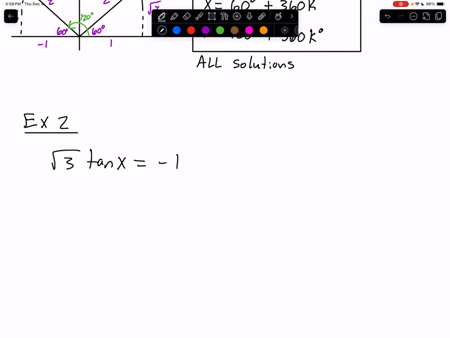So the very first thing you want to do when solving trig equations is try to get the trig function completely by itself. So I'm going to try to get rid of the square root of 3 by dividing both sides by root 3. So then I get tangent x is equal to -1 over square root 3.